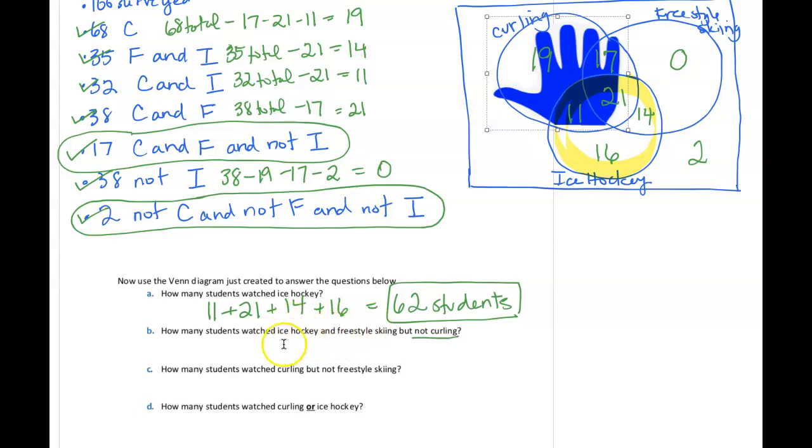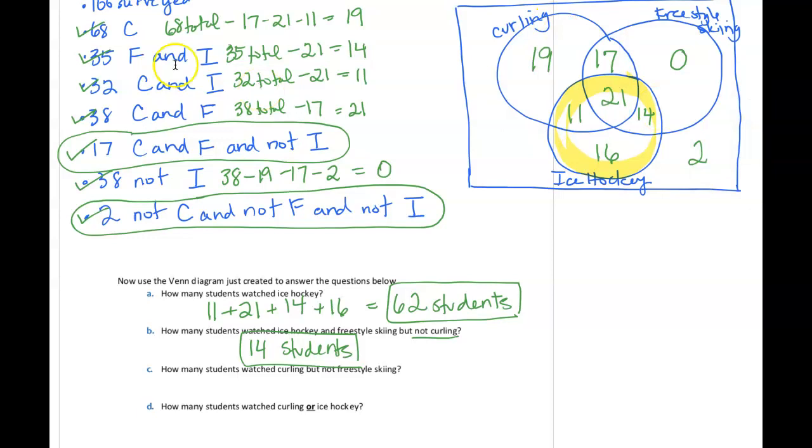So I want to find where ice hockey and freestyle skiing overlap, and that would be here. But again, we're avoiding the numbers that are hidden in curling, so that would be just the 14 in this one space. And I can move that hand out of the way.